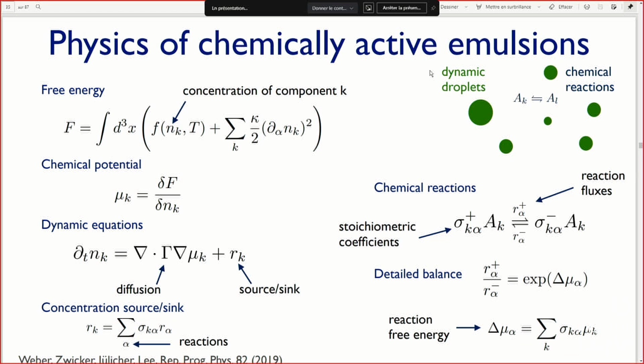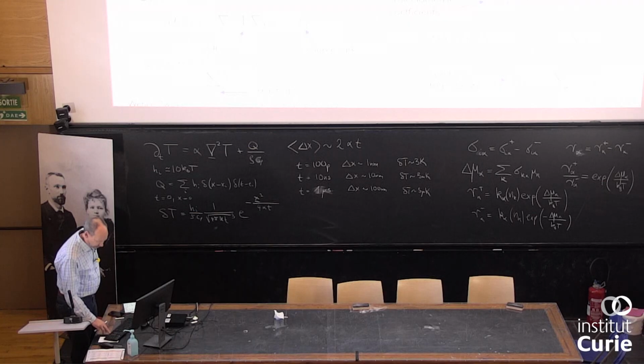So the kinetic coefficients are these coefficients gamma, which can be translated to diffusion coefficients, and these coefficients k, which determine the reaction rates. Together with the thermodynamic information that we have here, they give all the information one needs. So this is the general framework.